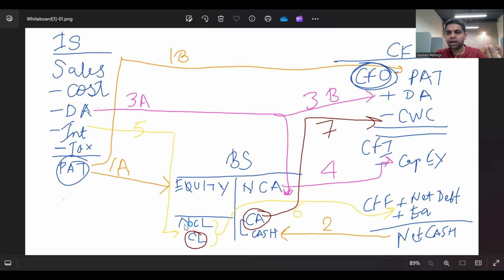We've already estimated the loan. I know I said we're going to change the modeling of the debt, but since we have a number, we can form the linkage. We can estimate whatever interest should be there on it, and we can link it with the income statement. So let's do that as well. Let's go back to the sheet.